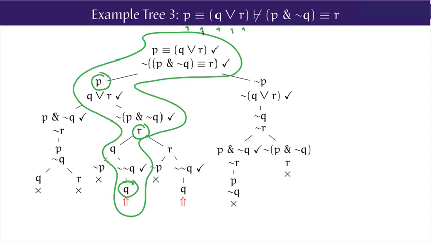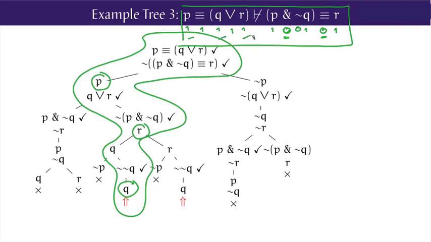So this biconditional is indeed true, but P and not Q is not equivalent to R because P is true, Q is true, so its negation is not true, so P and not Q is false, but R, remember, is true, so this biconditional is false. So indeed, what we've done is we've got a counterexample to this argument. We've got a row of a truth table where P is true, Q is true, and R is true, that makes the premise true and the conclusion false.